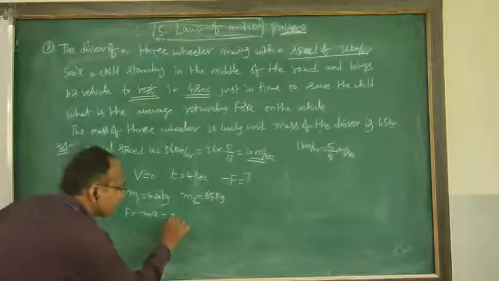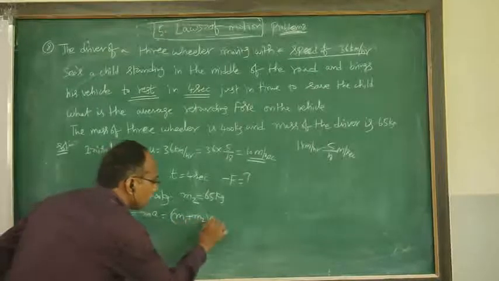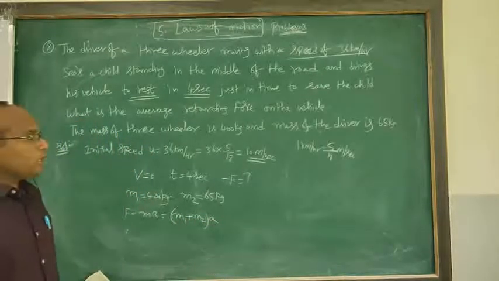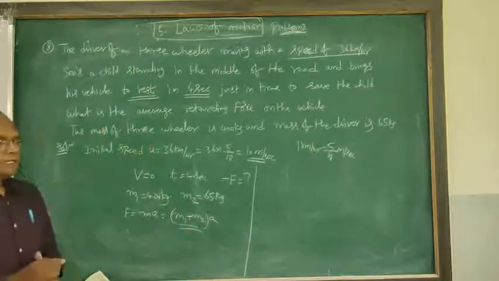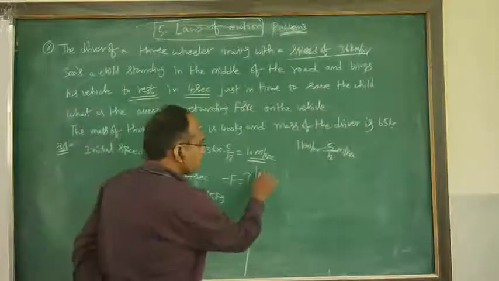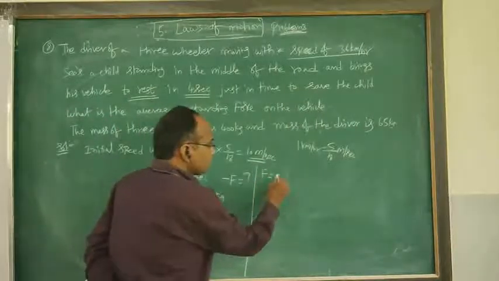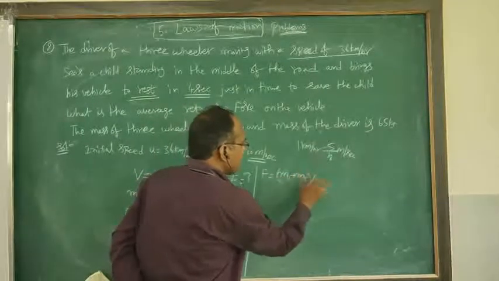So what is the meaning of this? F is equal to M1 plus M2 into A. So this is the total mass.